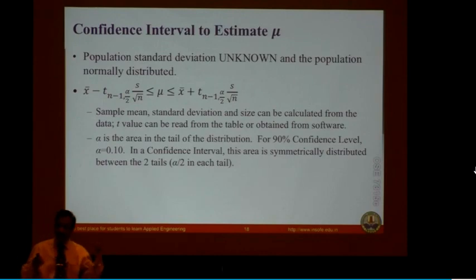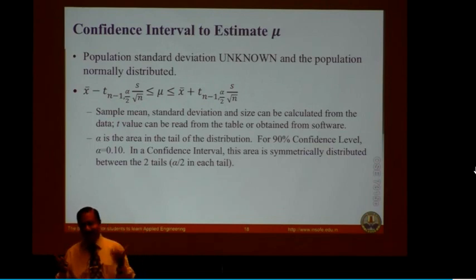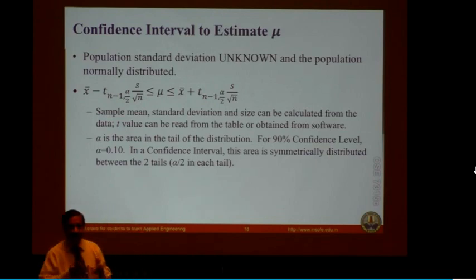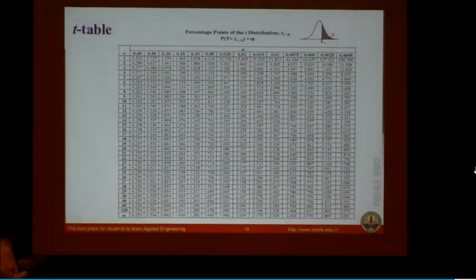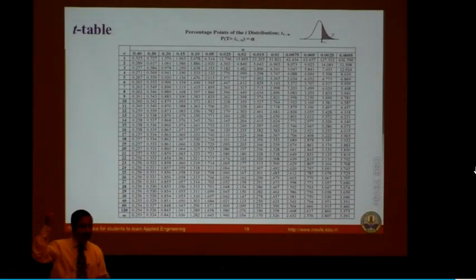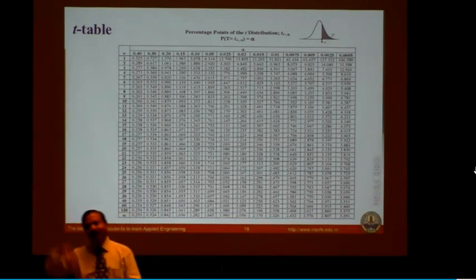Alpha. The same alpha that we did, the significance level, is what we need, because we need to know the t-score corresponding to different significance levels. Let's see how we do that. Here is the t-table. Just like a z table, there is a t table. Next we go to chi-square, there is a chi-square table. We go to the F table.